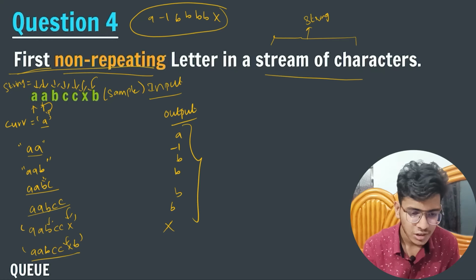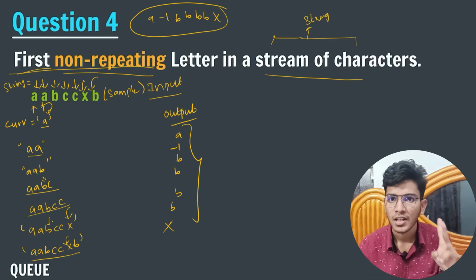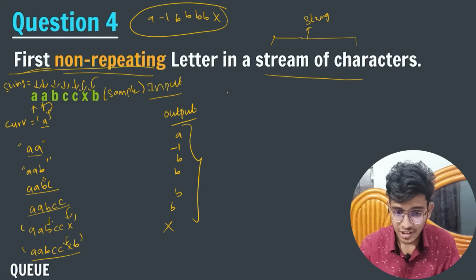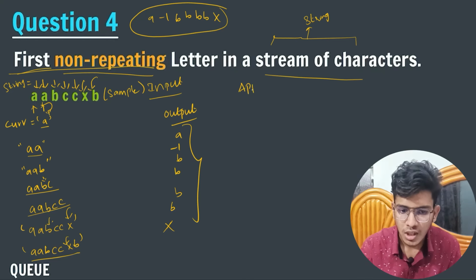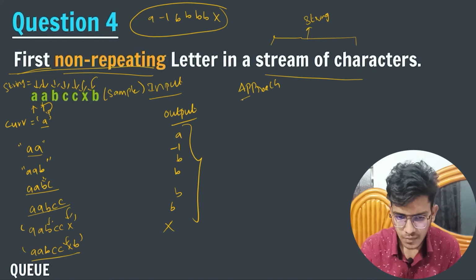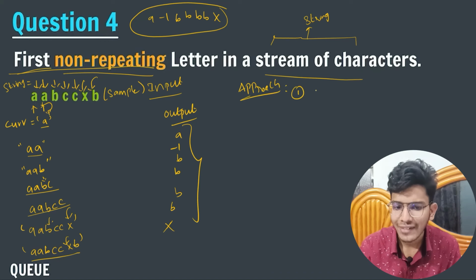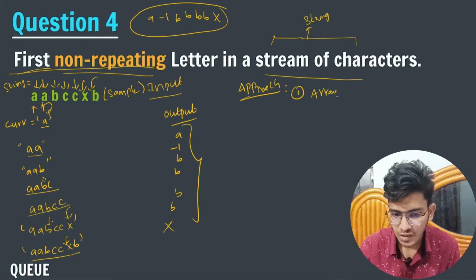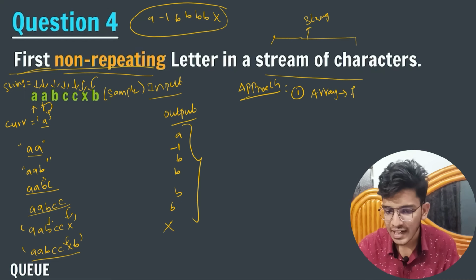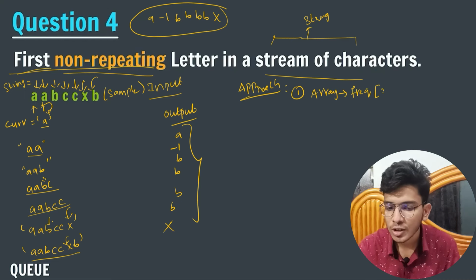To do this question, I will follow two steps. Now we are talking about the approach. In the approach, the first step is, first of all, I will create an array. Let's say that the array name is frequency, of size 26.